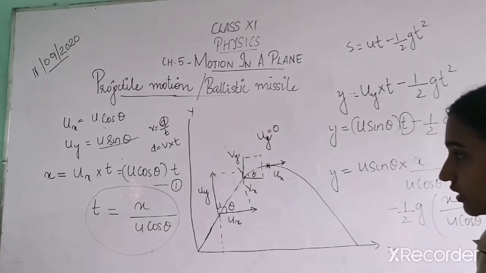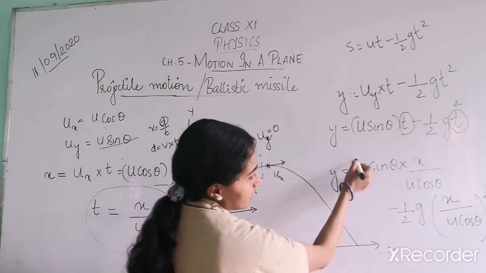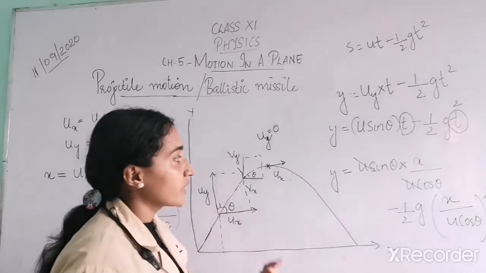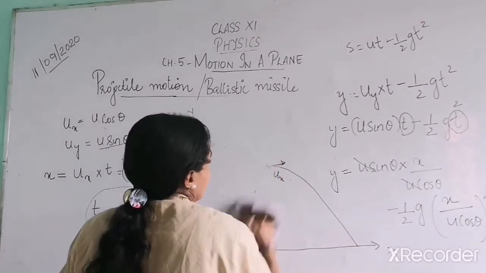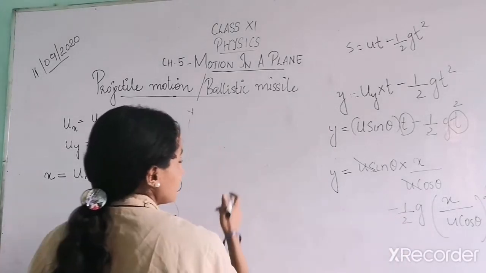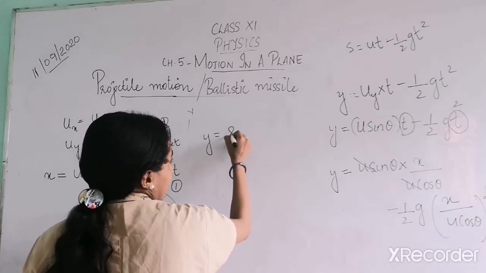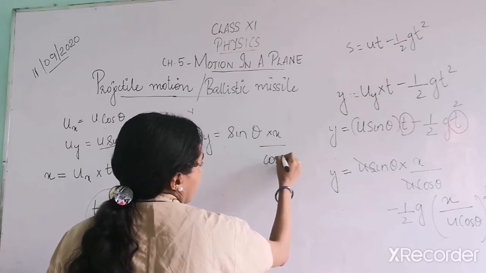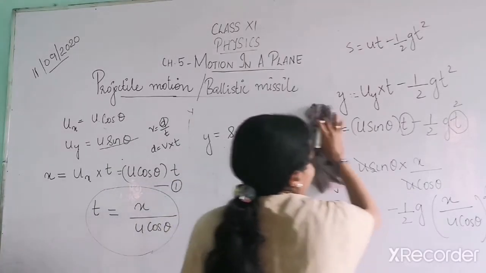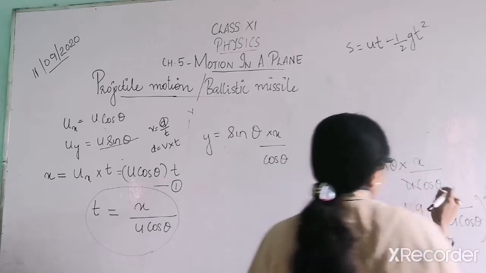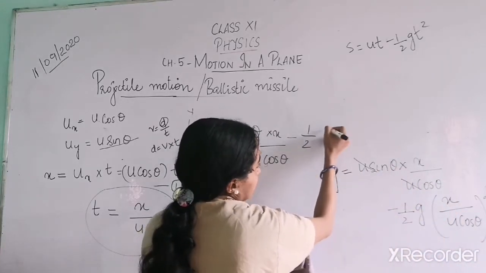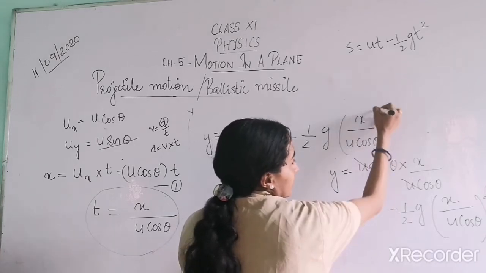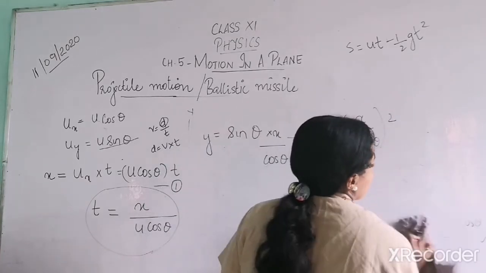Isn't it? Any doubt? Now when you see this, this u and that u will get cancelled, and what is remaining? y is equal to sin theta into x by cos theta, minus half g into x by u cos theta the whole square. So this is what is remaining, isn't it?